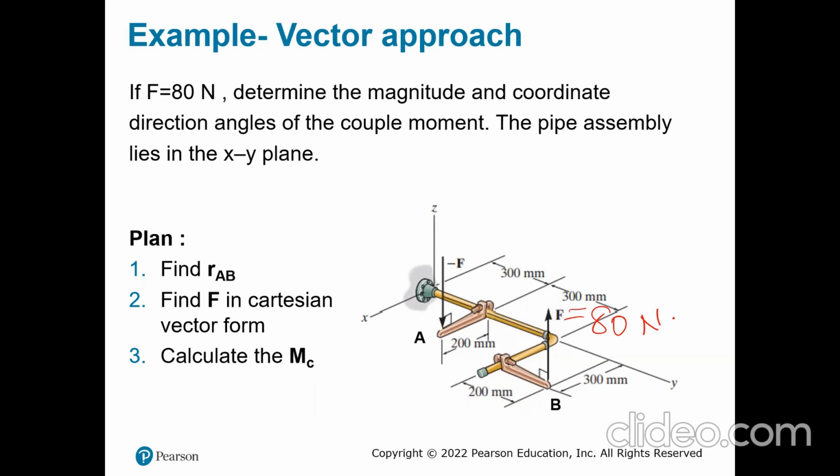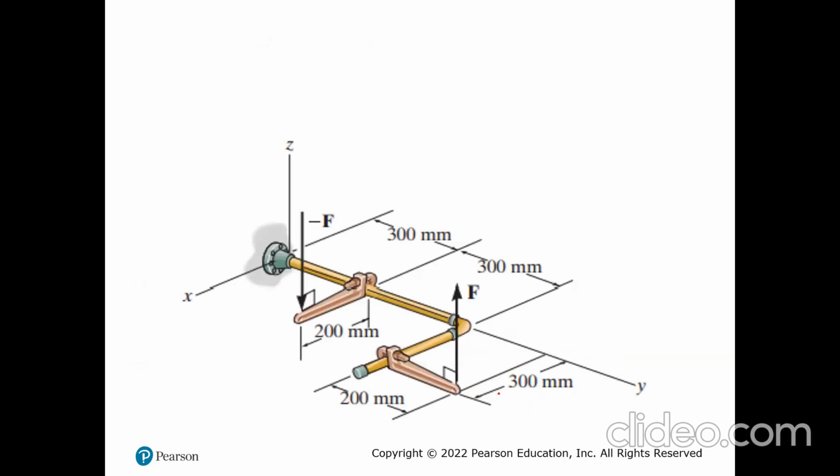First I can go from A to B and get my position vector. Let's say I'm taking this point as A and that point as B, and I'm going to get the position vector going from A to B. Let's get my coordinates so that I can find my position vector easily from there. What's the coordinate of A?